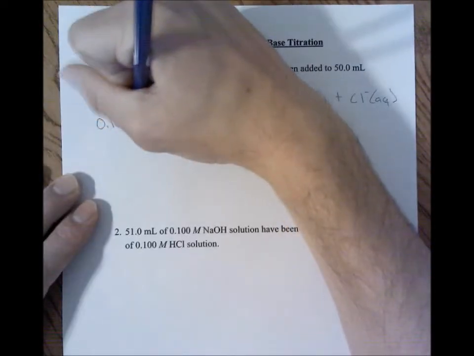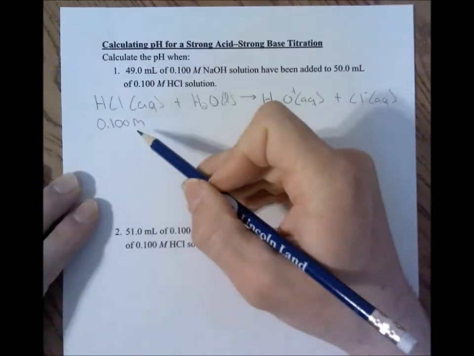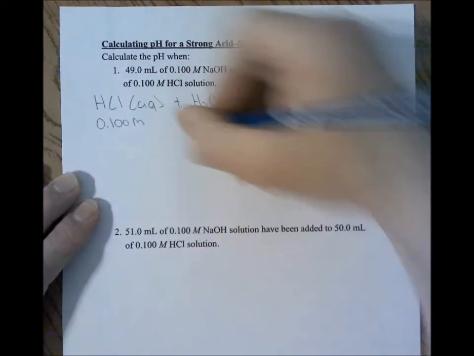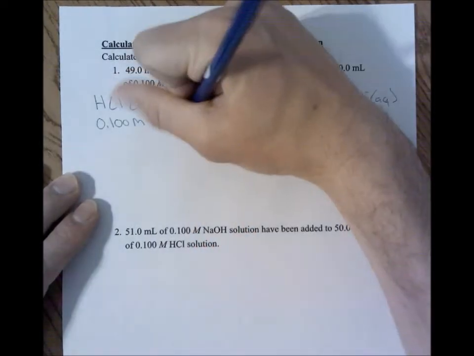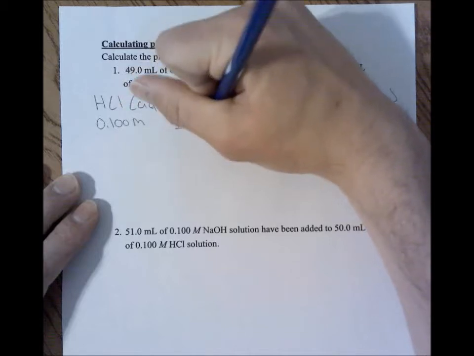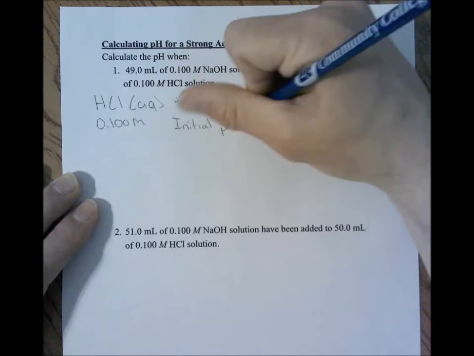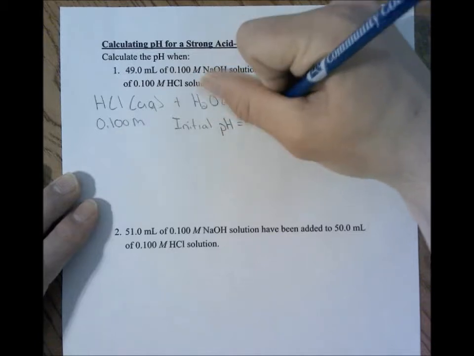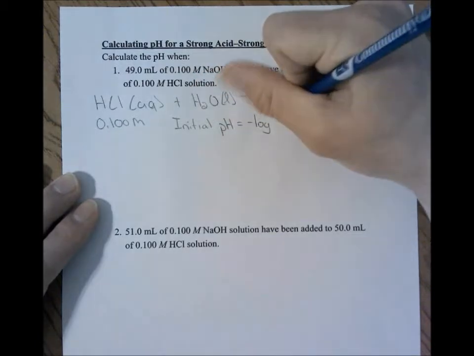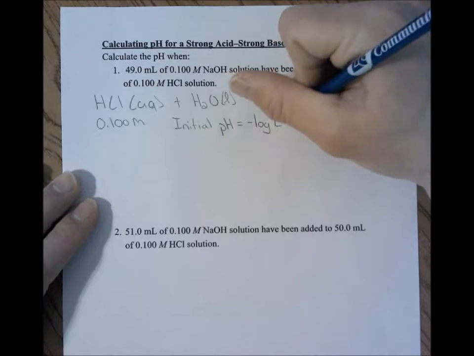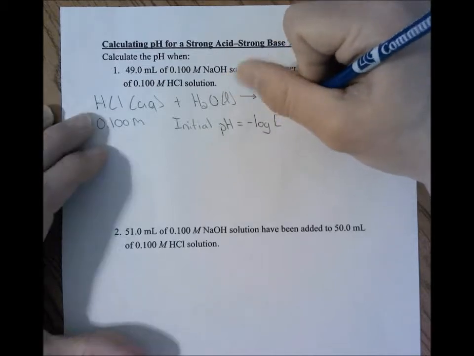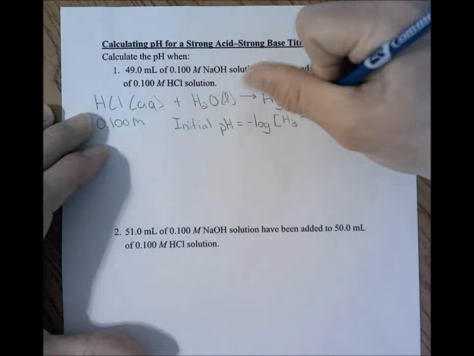Now, what happens here, and the problem doesn't ask for this, but what happens here is we have 0.1 molar HCl. Now, initial pH, before we even add any of the base, is just the negative log of our concentration of our acid, which is the concentration of our H3O plus.